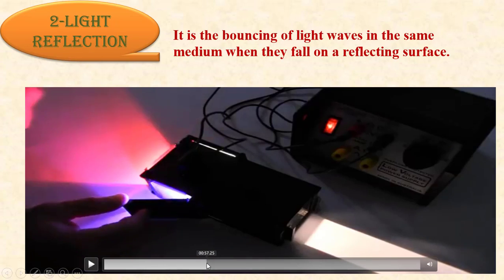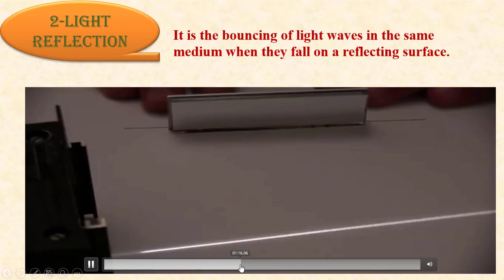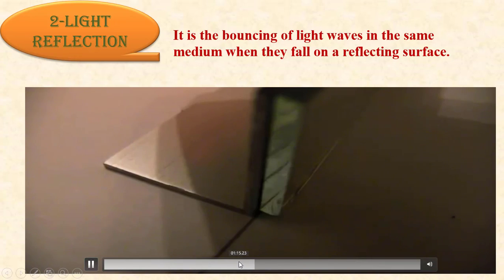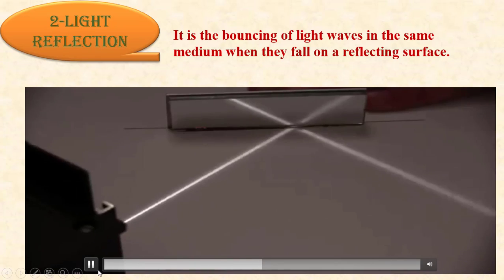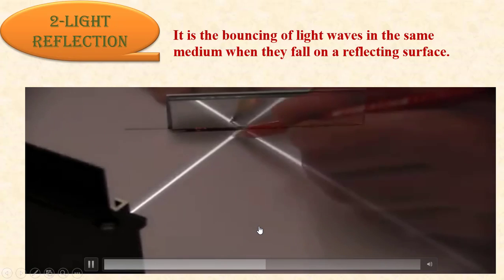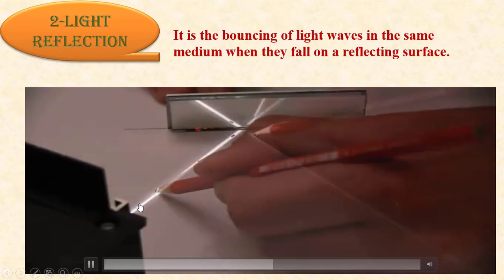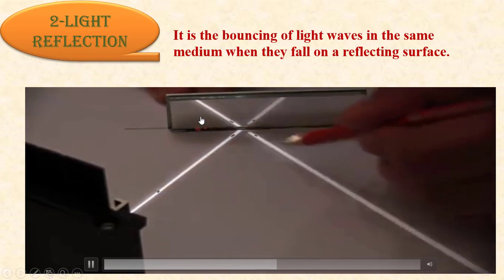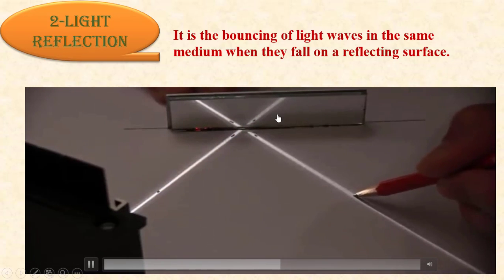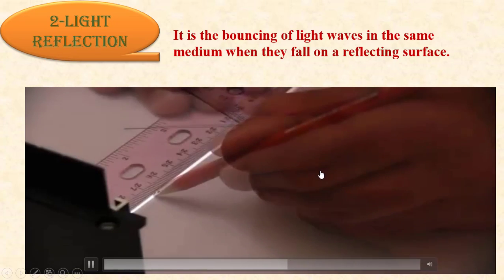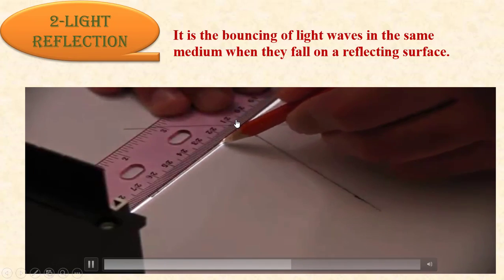With blue light, you need to accurately record the line. Direct the light ray at an angle towards the mirror and mark the path of the incident and reflected rays by placing two small dots on each of them. Using a ruler, connect the dots with straight lines.